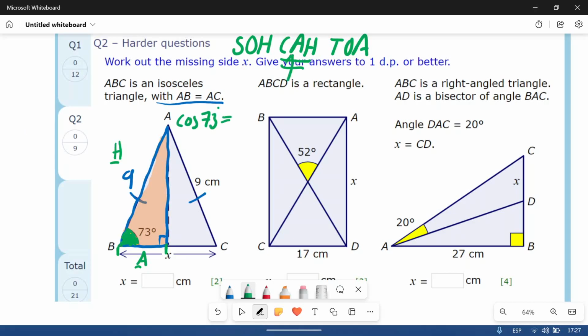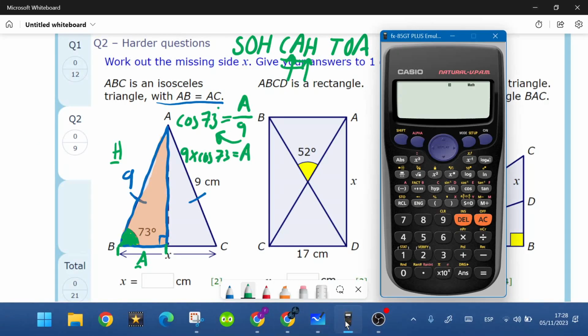In the ratio, A is first, so that goes at the top. A is what we want to know, so let's call that half x, or let's leave it as A, the adjacent, for now. And second is the H. The H we have, that is 9. So we need to multiply the 9 on the other side. So it'll be 9 times cos 73, and that will give us the adjacent side.